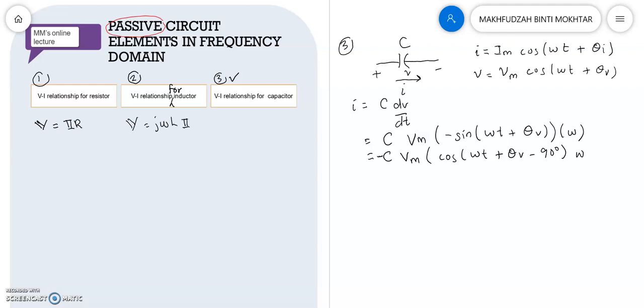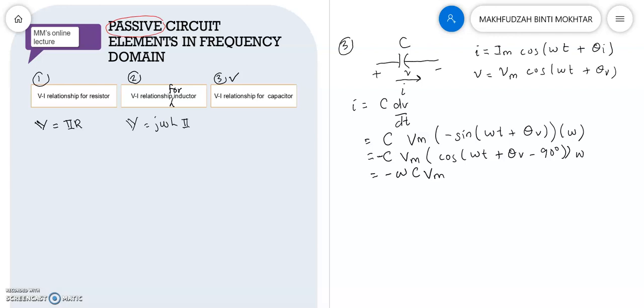Okay, now if I rewrite again, I need to put another bracket here. Then if I rewrite this, I will have negative omega C Vm, with this cosine.